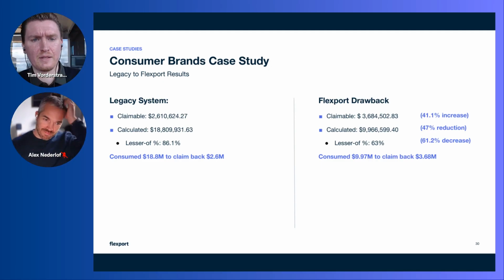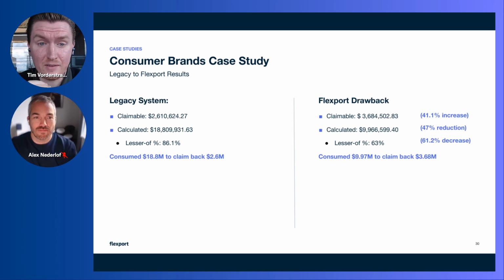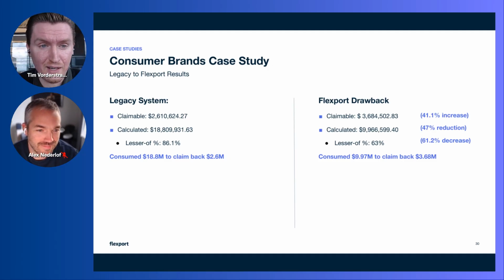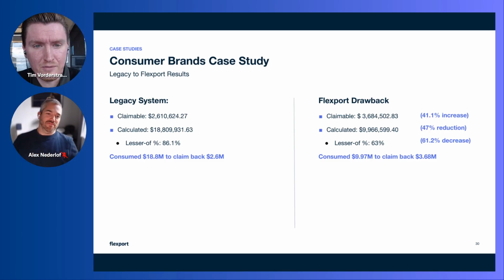Yep. So in this case, we claimed 2.6 million. And we calculated 18.8. So this is a manufacturing example. A lot of low value components, and you often see the lesser of impact being a bit more significant when it comes to manufacturing than you do on unused.